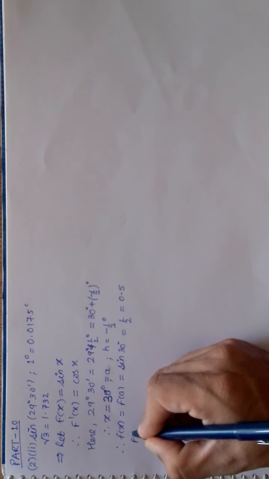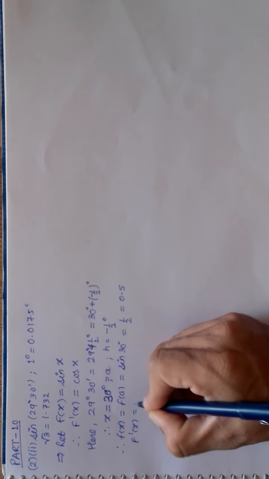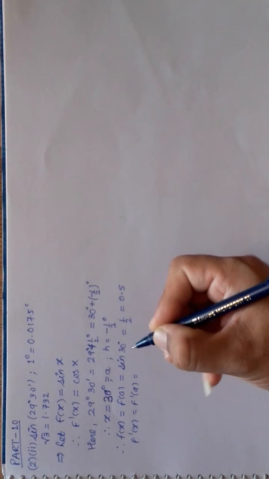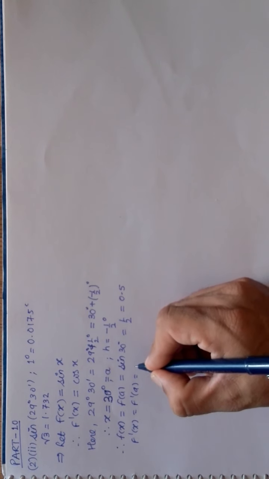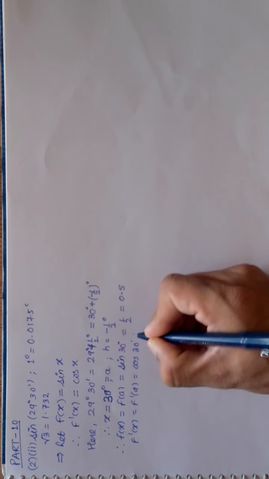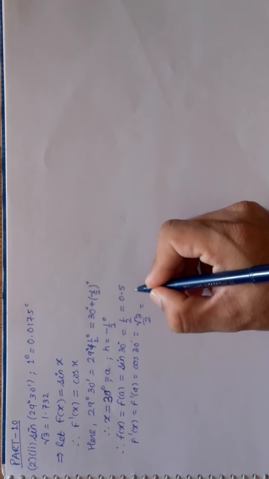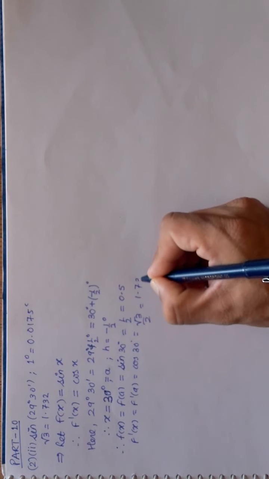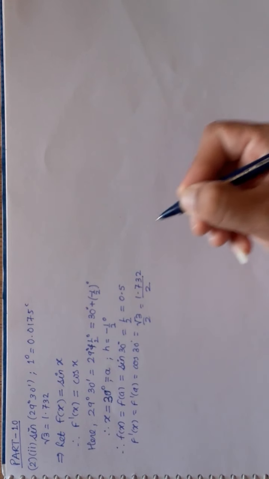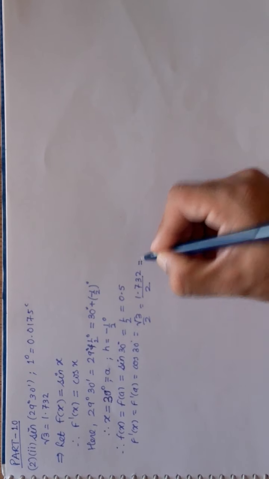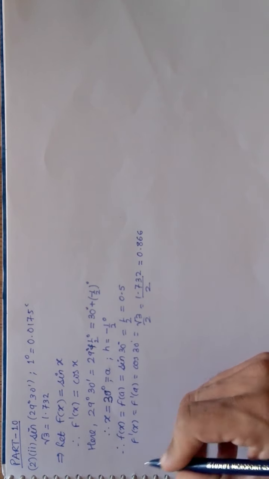Now, you require even f dash x, that is nothing but f dash a. So, f dash a is your cos x, that is equal to cos 30, and cos 30 is root 3 by 2. Root 3 by 2 is 1.732 divided by 2. I would better suggest you to convert directly into decimal. So, it will become equal to 0.866.